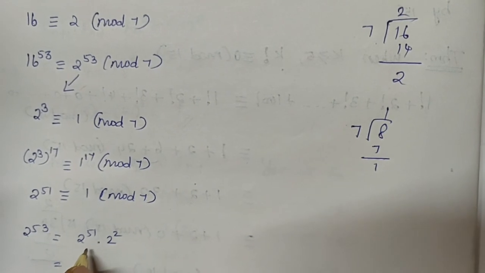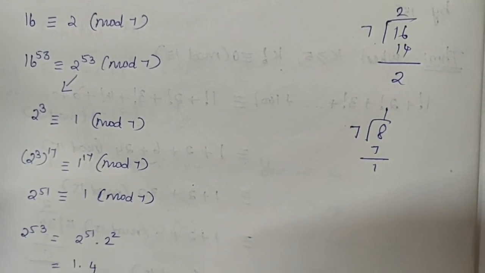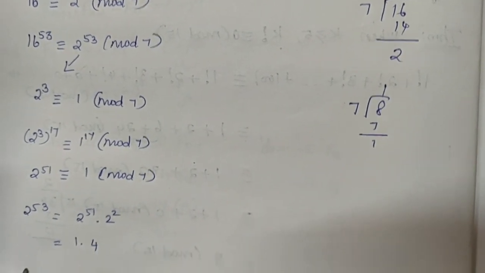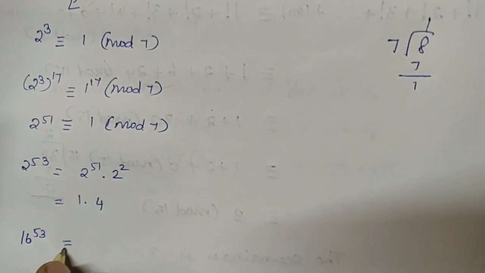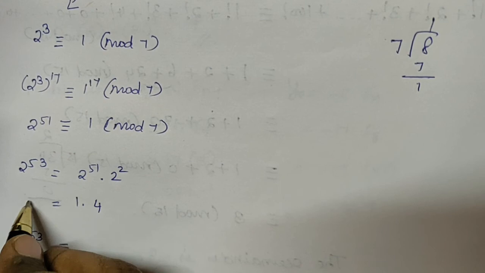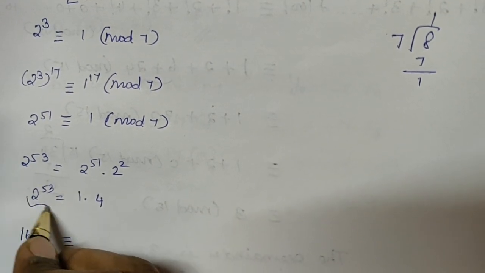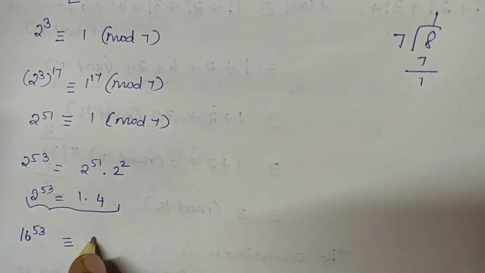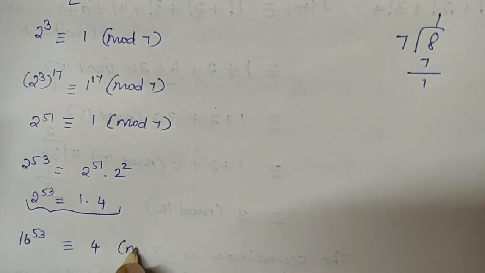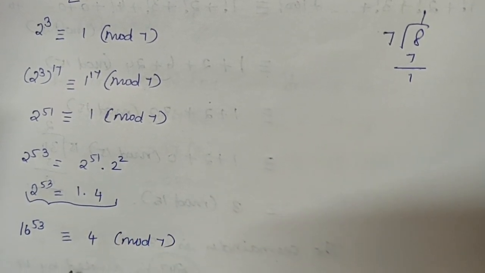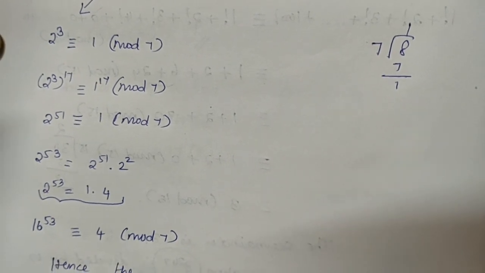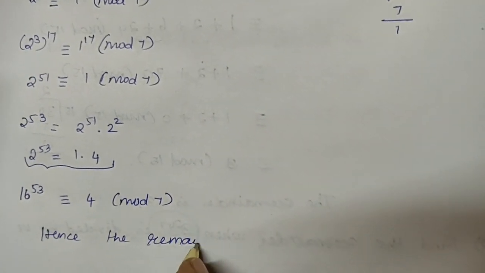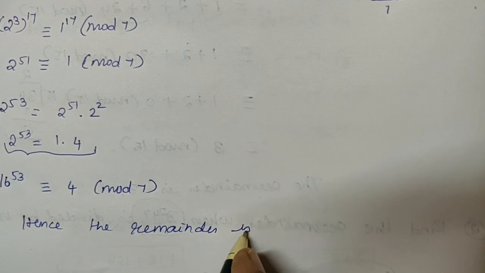So 2 power 51 value is 1, 2 squared is 4. So 16 power 53 is congruent to 2 power 53, which is nothing but 4 mod 7. So here the remainder is 4.